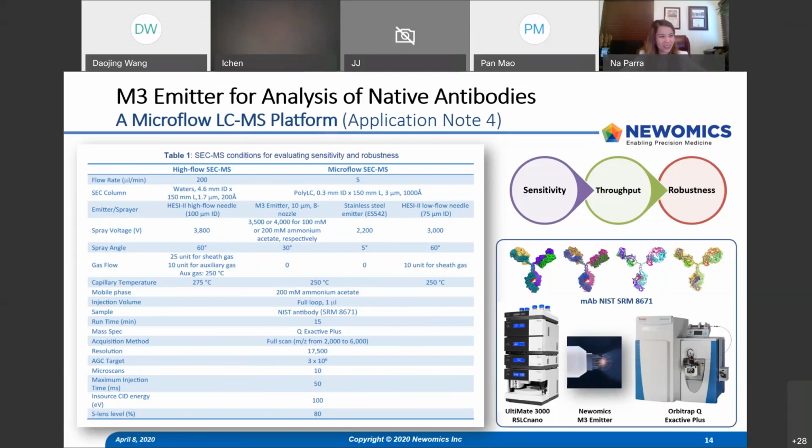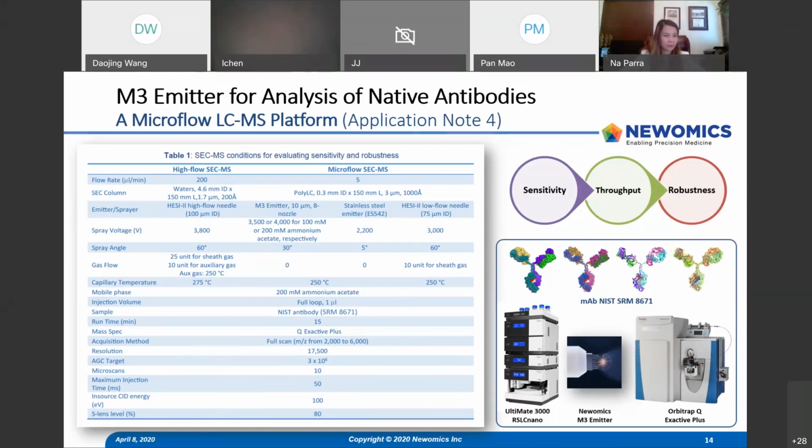Yes. So thank you for the question. As I mentioned previously, our emitter can be used for any molecules that can be analyzed by mass spec. We are a small startup company, so we didn't have the manpower resources to test all the applications. However, our customers have been using our emitter for nucleic acid analysis.